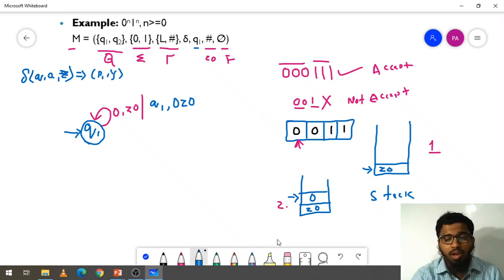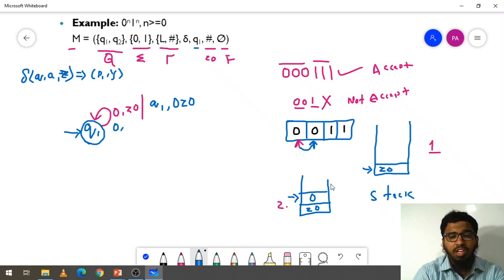Now the next one is, here we move to here. Next, our header is now here, in step 2. So Q1 on 0, Q1 on 0, input is again 0.